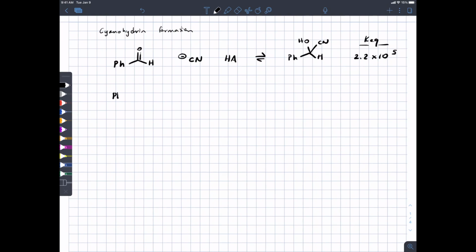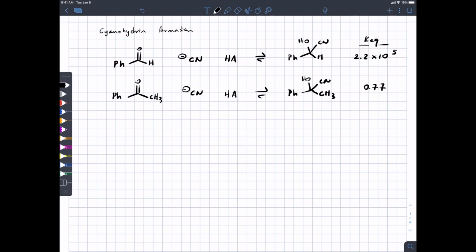It turns out that if you add the methyl group and make the corresponding ketone, the equilibrium constant drops down by many orders of magnitude, to the point that actually the product isn't favored over the starting materials.